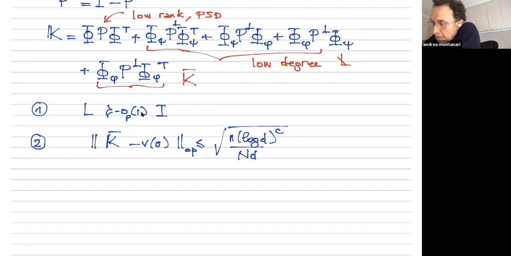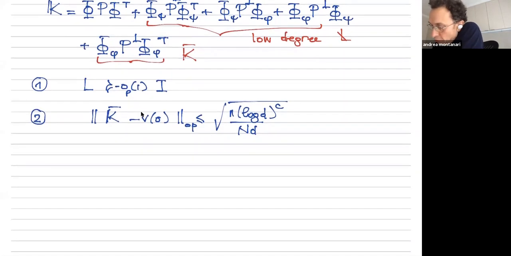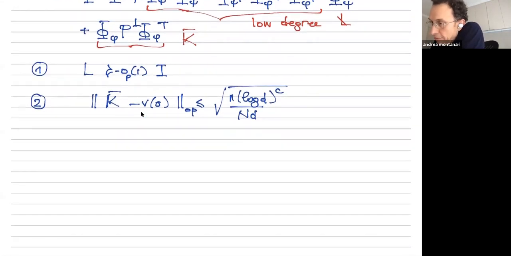Okay, last 5 minutes, just one word about these two bounds. Actually only the last bound. How do we prove the last bound, and why does reducing to K bar simplify life?